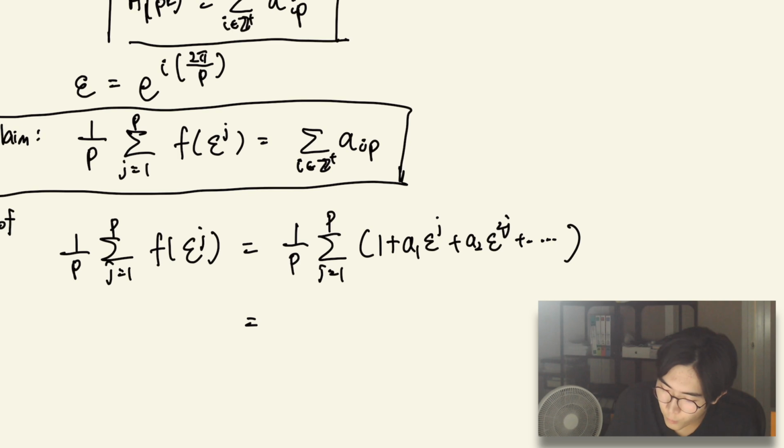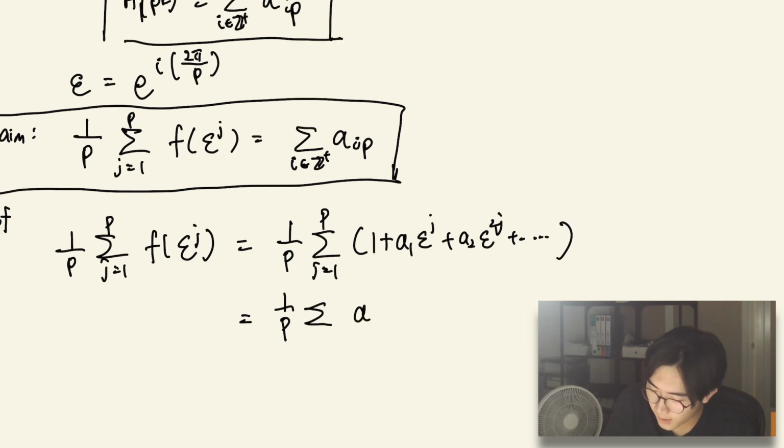So it will become 1 over p times the summation of a_i. Wait, sorry, we cannot forget to include the p, but the 1 term, sorry.